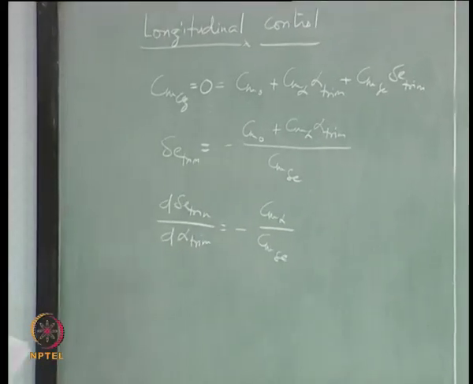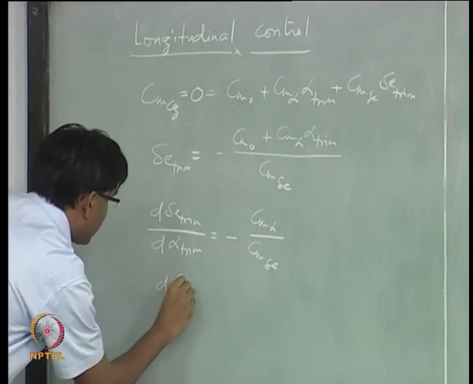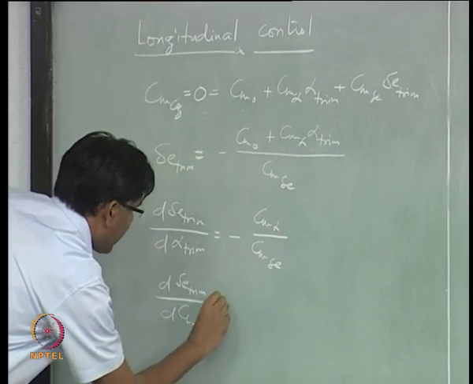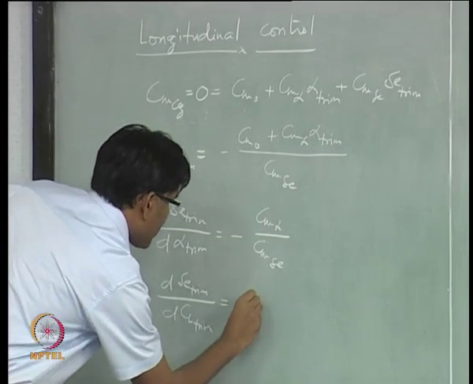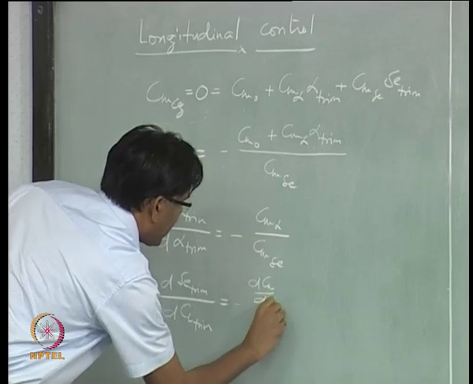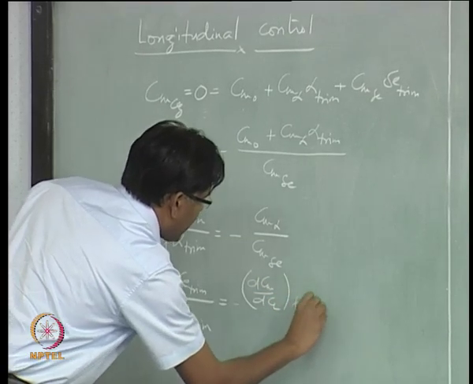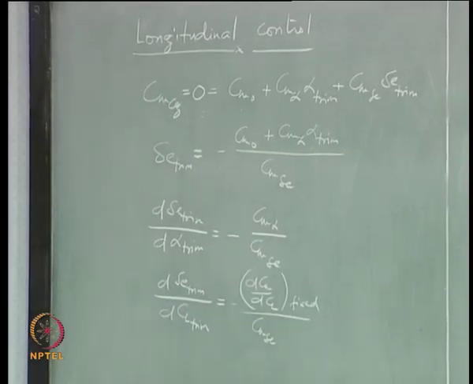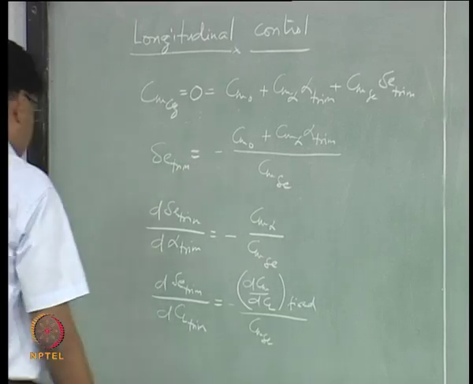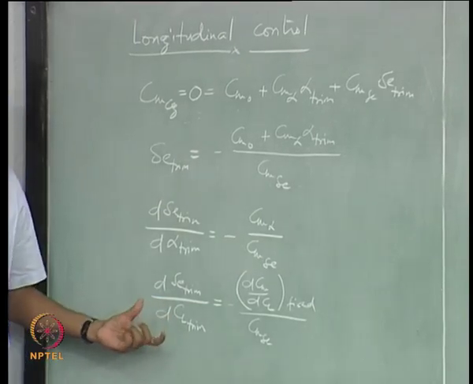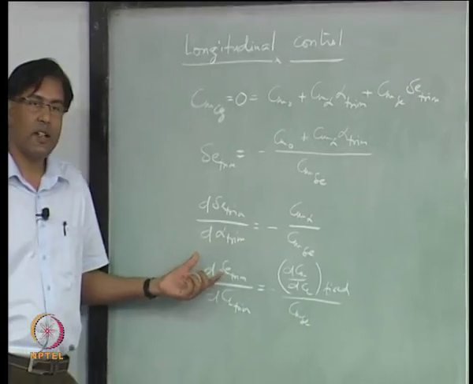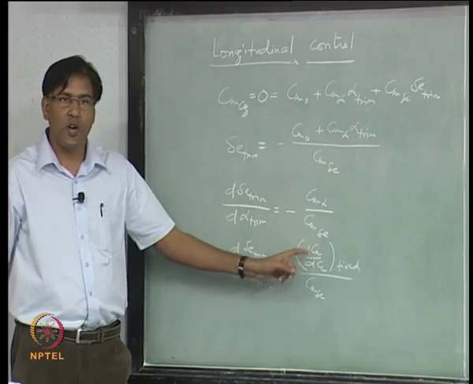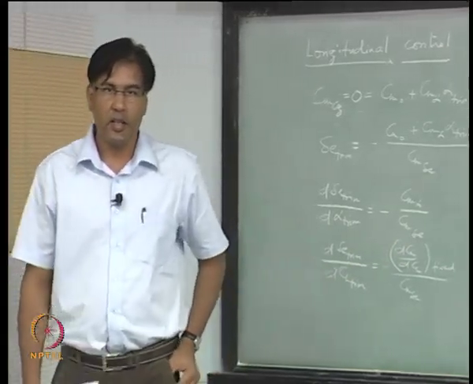Okay. You can write this expression also as, so clearly you see here that to get a change in CL trim you need to deflect elevator, and that is going to depend upon this quantity, is not it.